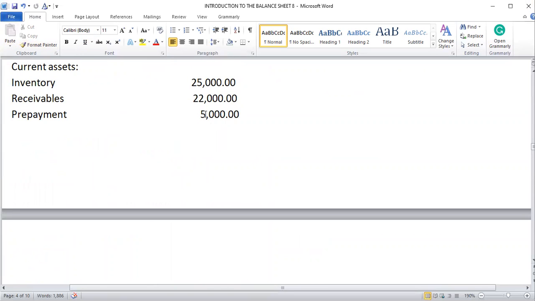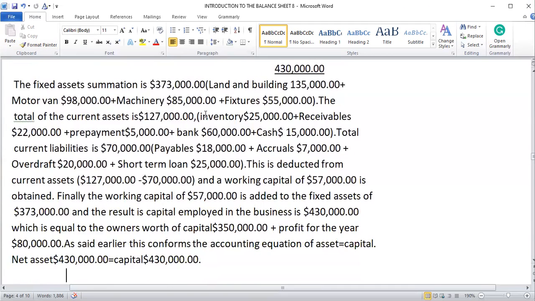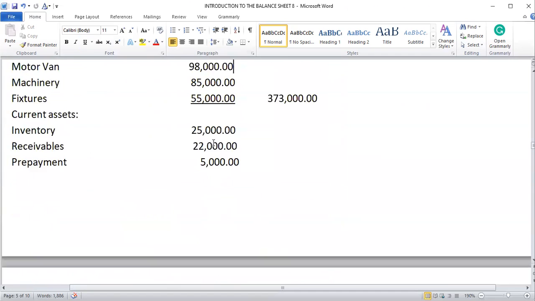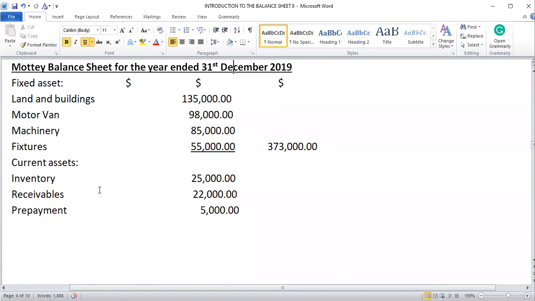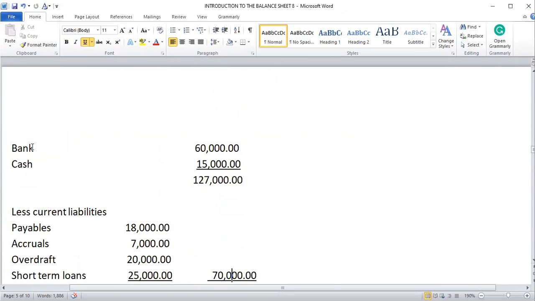Plus cash at bank, $60,000. Then the last item of the current assets, cash, $15,000. So the summation is what? The current asset is $127,000.